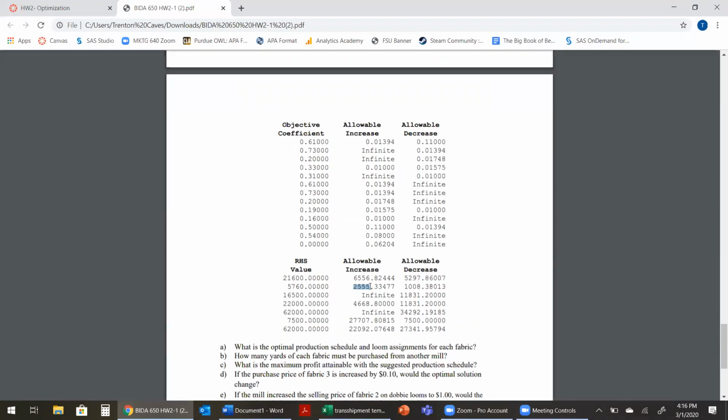So our 720 is within our range of feasibility. So we can increase that value without changing our objective function. So we're not changing our objective or our production schedule.